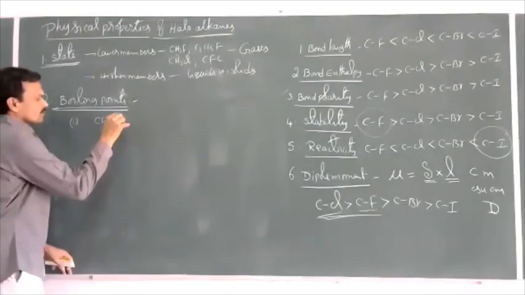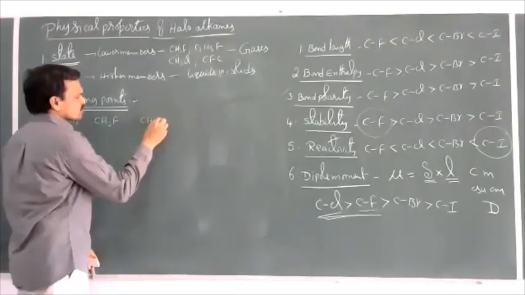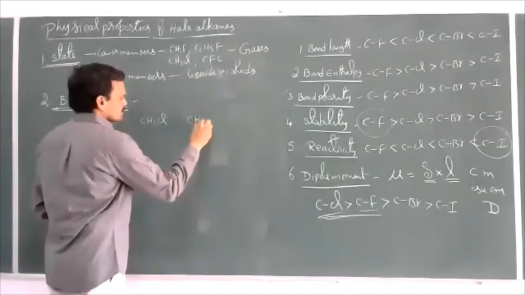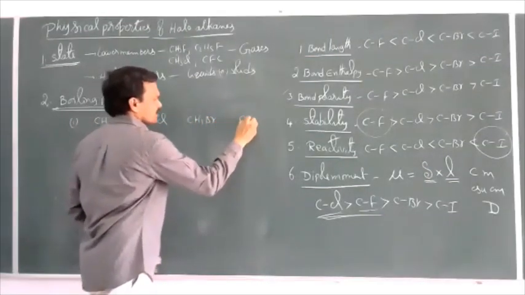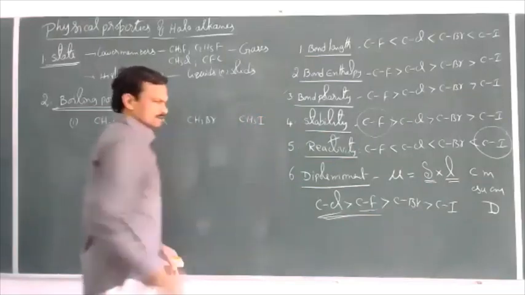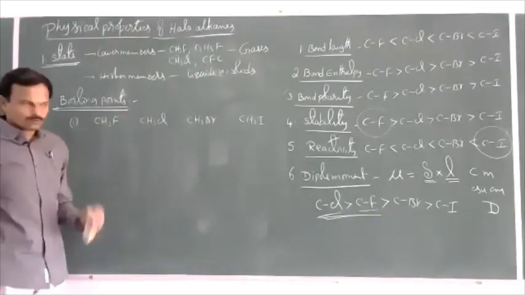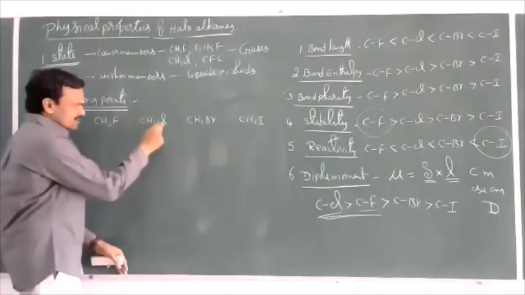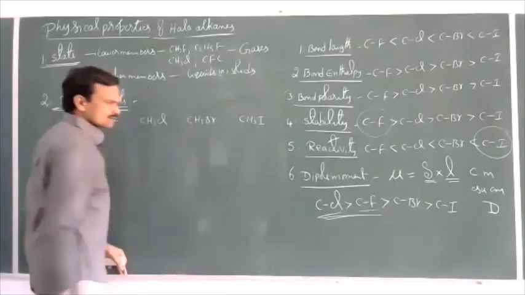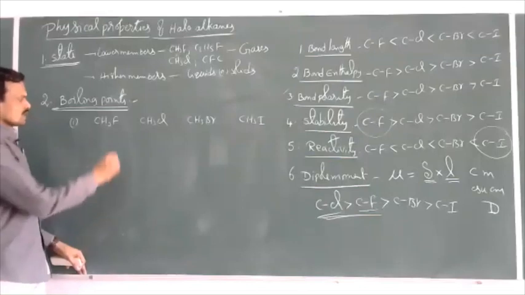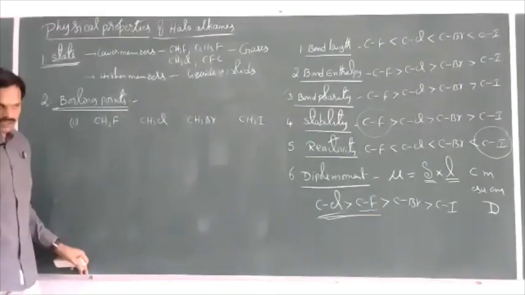CH3F, CH3Cl, CH3Br, CH3I. For the same alkyl group, as the size of the halogen atom increases, then dipole-dipole forces increase.